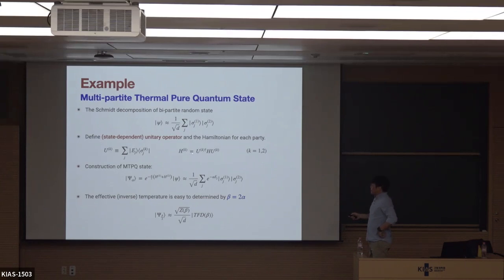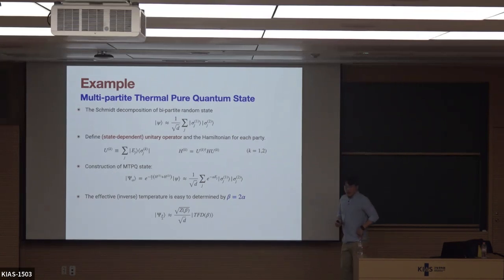And then we define this unitary transformation of the Hamiltonian. Basically, we change from the E basis to the sigma basis, and then we define the multipartite typical state by acting with this Hamiltonian, not the original Hamiltonian. And then this alpha, you have to choose.